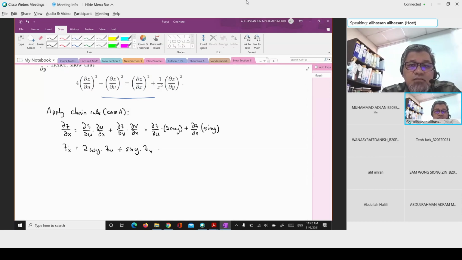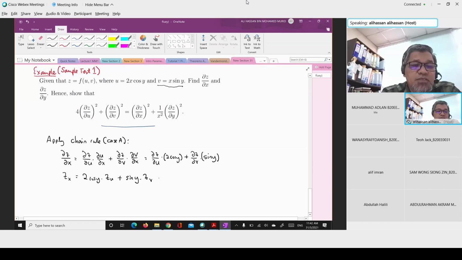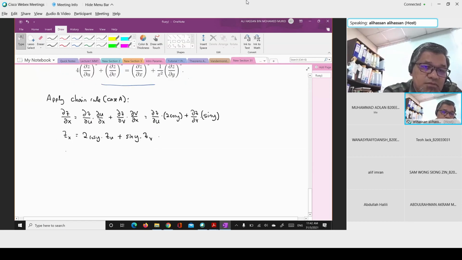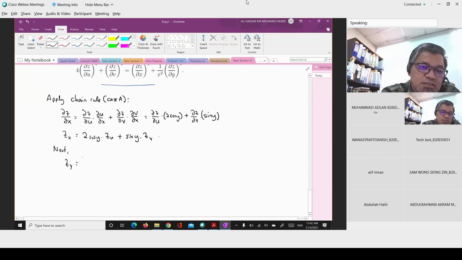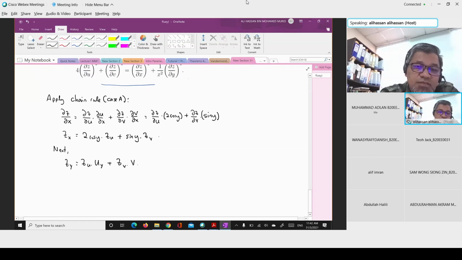Okay, next we want to find z partial y. Using the shorthand notation, z partial y is z partial u times u partial y plus z partial v times v partial y. Z partial u remains the same.